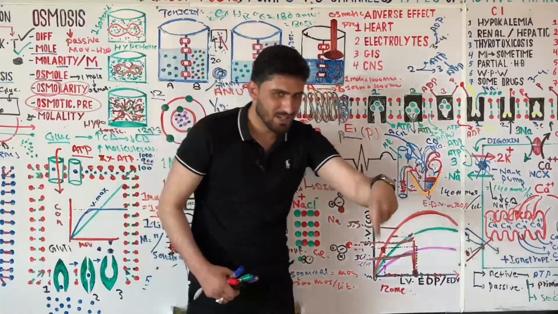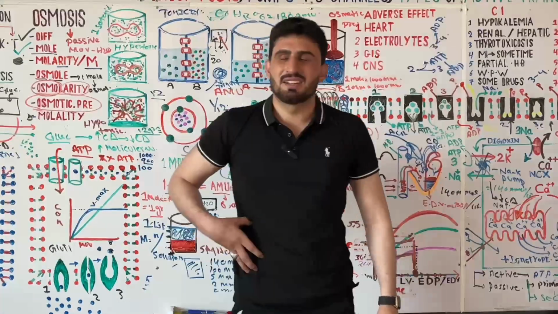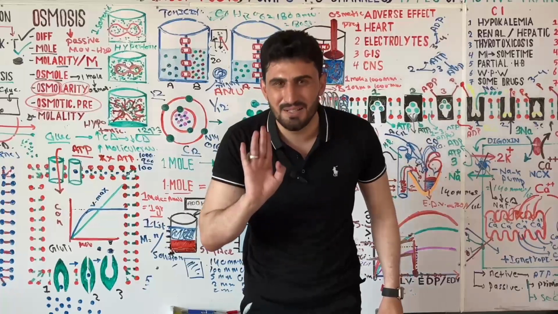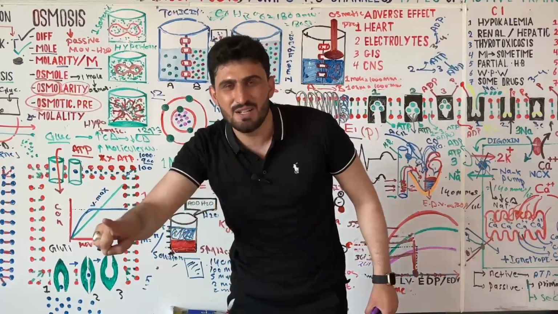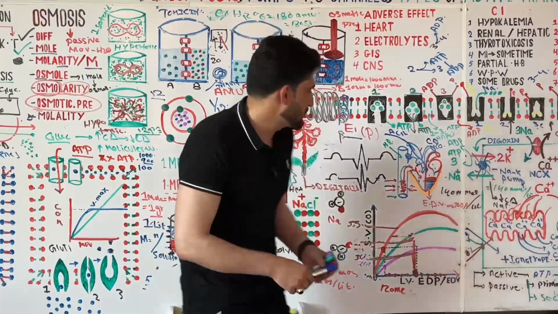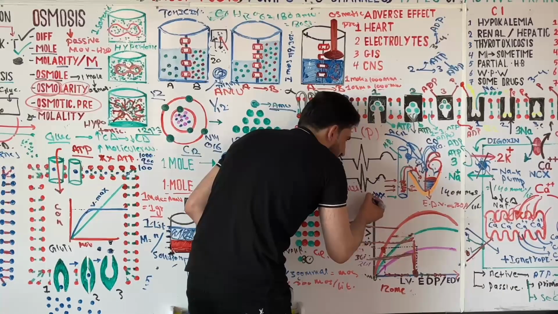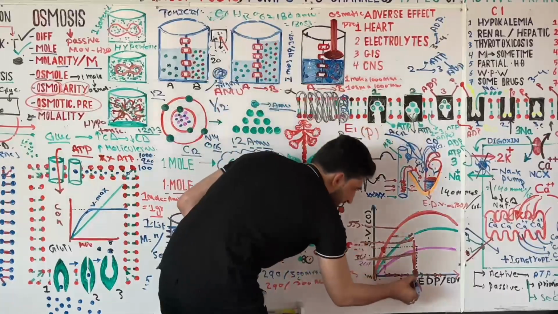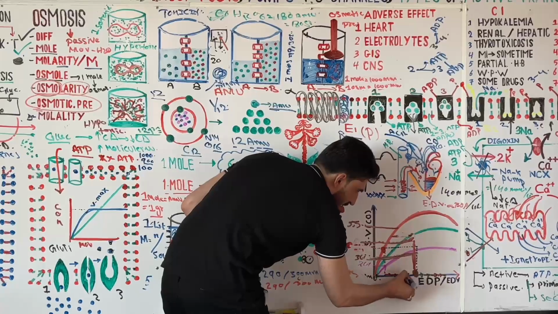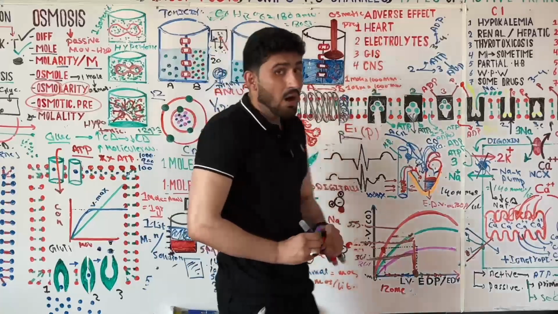Now, as time passes, the kidney says, okay, I have enough blood now, so it deactivates the renin-angiotensin-aldosterone system. When it deactivates the renin-angiotensin system, it causes less venous return. So end-diastolic volume will come to this point once again.